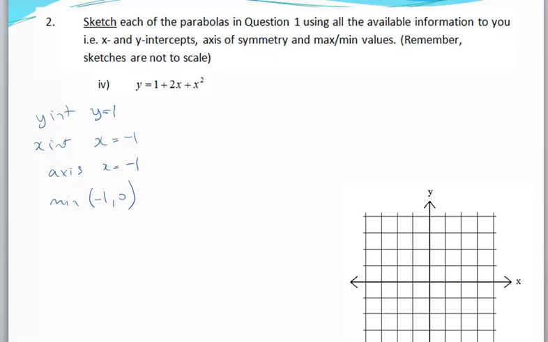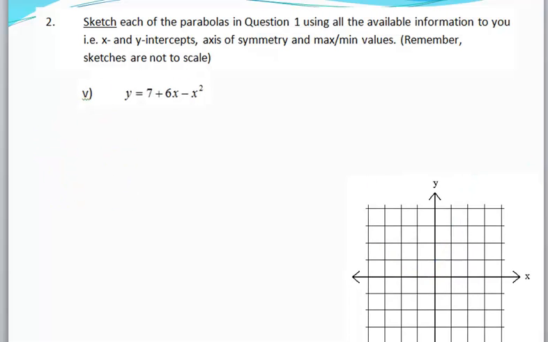So here we're cutting through our y-axis at y is equal to 1, and cutting through our x-axis at x is equal to minus 1. Our minimum is here at minus 1, 0. So here our parabola goes like this. y is equal to 1 plus 2x plus x squared.